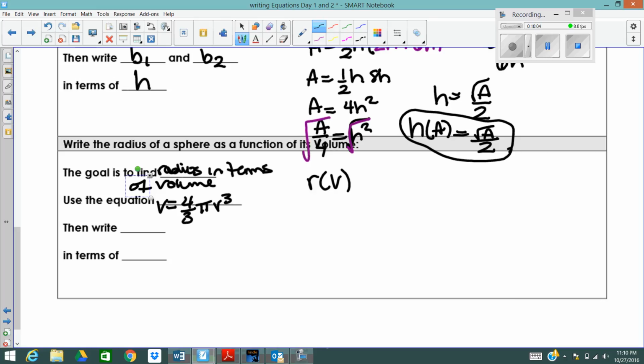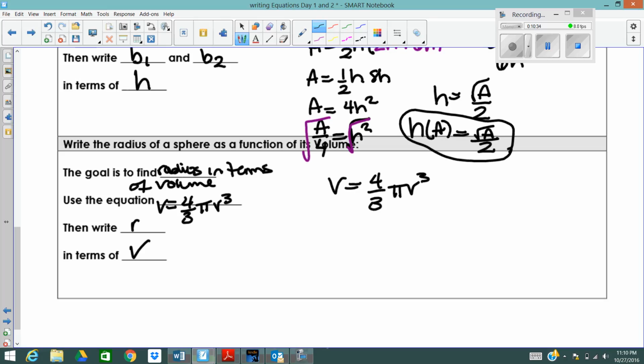So volume equals 4/3 pi r cubed. So I want to write now r in terms of v. So this one is pretty straightforward since I have both r and v and they're the only variables we have. All we're really going to do here is just solve for r. So I have v equals 4/3 pi r cubed.